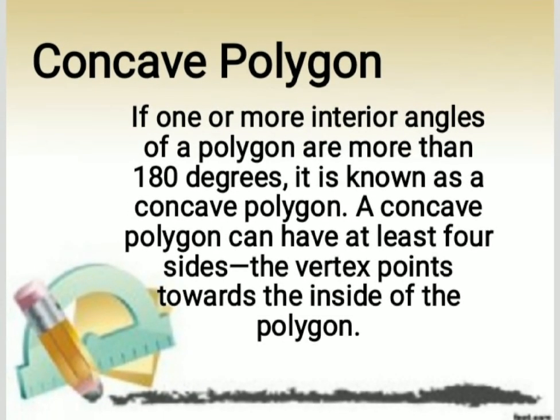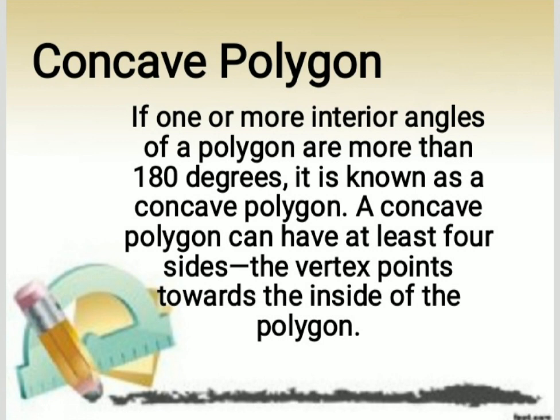If one or more interior angles of a polygon are more than 180 degrees, it is known as a concave polygon. A concave polygon can have at least 4 sides. The vertex points towards the inside of the polygon.